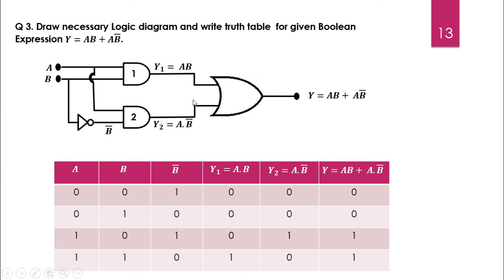The next example is to draw the necessary logic diagram and write the truth table for the given Boolean expression, that is Y equals AB plus A dot B complement.